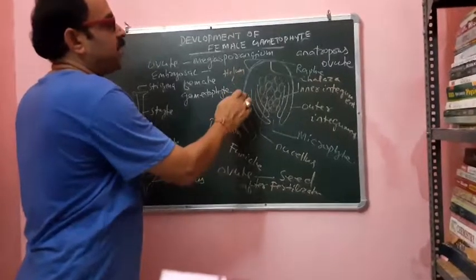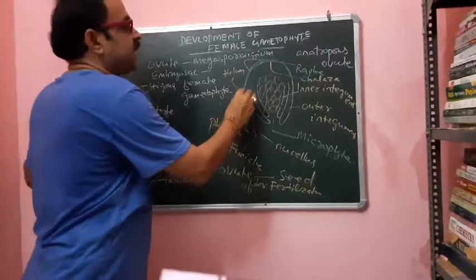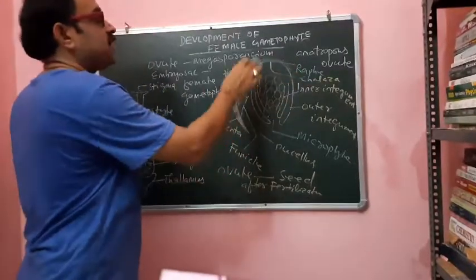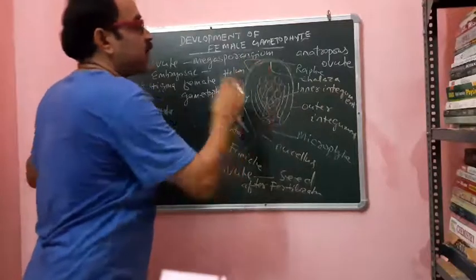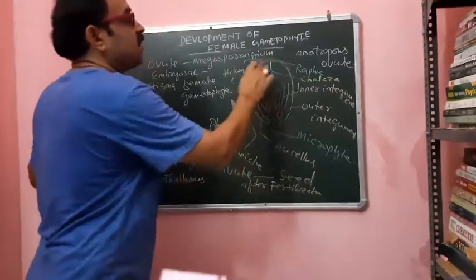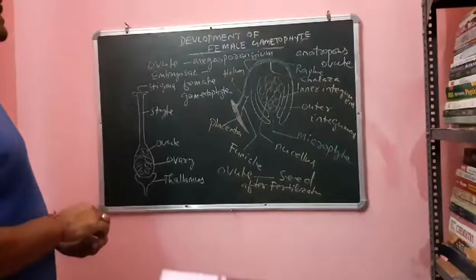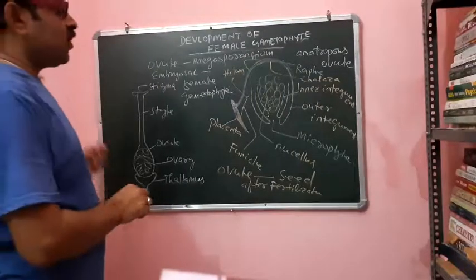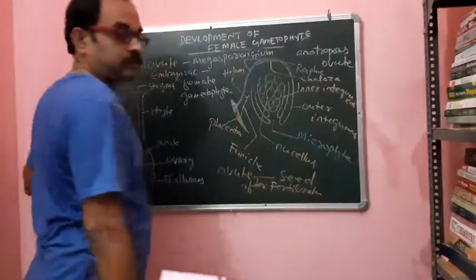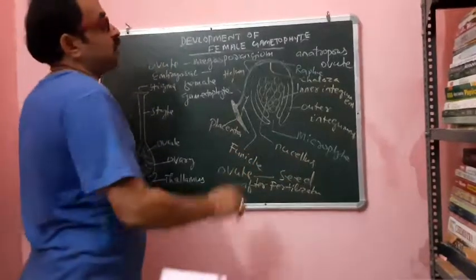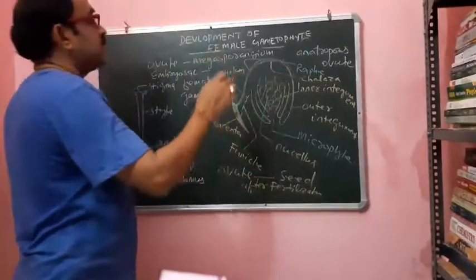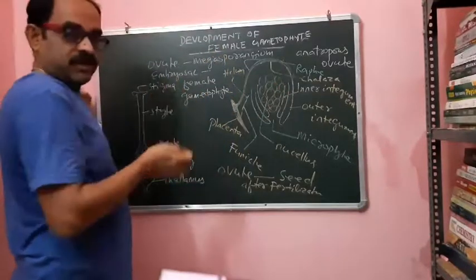Funicle and body part attach at the hilum, and the extension of the funicle towards the body part is called raphe. Inside the body, the mass of diploid parenchymatous cells is called nucellus. Inside the nucellus, the embryo sac develops.